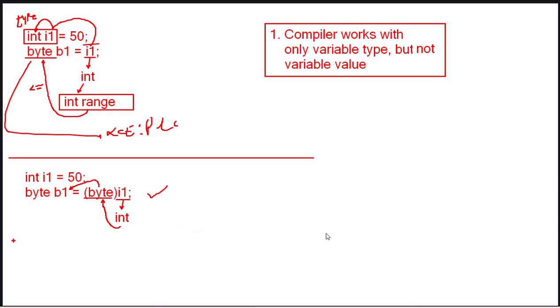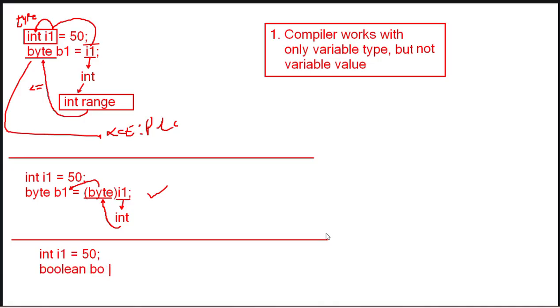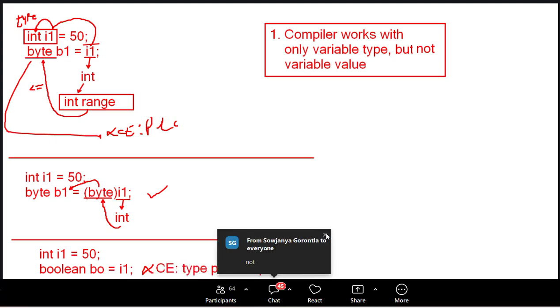Now I am writing another statement. There are 2 points. Is it compiled or not? Tell me. int i1 equal to 15, and I am writing here boolean bo equal to i1. The compiler will not compile it. Here the problem is a range problem or a type problem? Type problem.